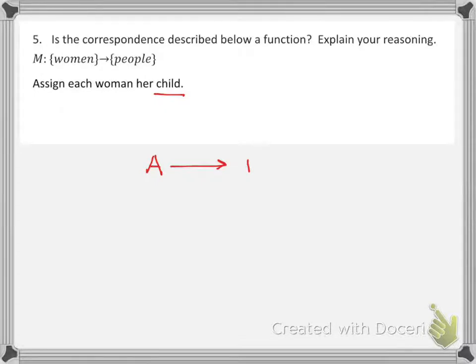Woman A could also produce child 2, child 3, etc. And since that is the case, it is not a function because every input can only have one specific output. So this situation would not be a function.